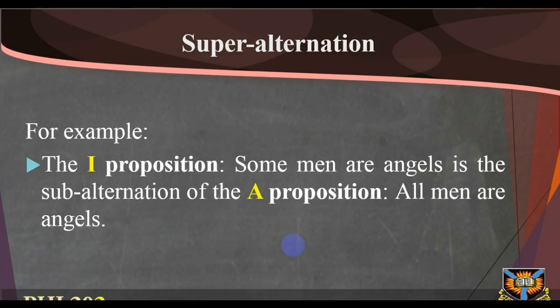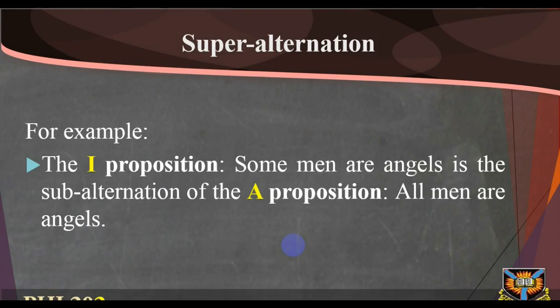In the second set of propositions, (i) is an I proposition, (ii) is an O proposition, while (iii) is an E proposition. From this, we can infer that when (i) is true, (ii) will be undetermined and (iii) will be false.